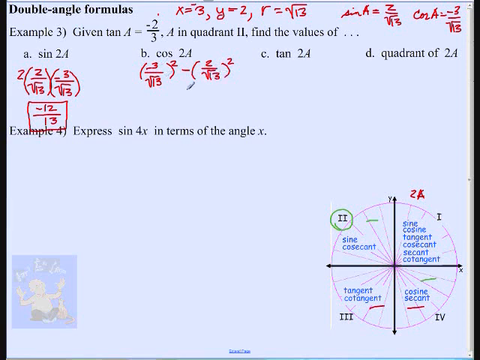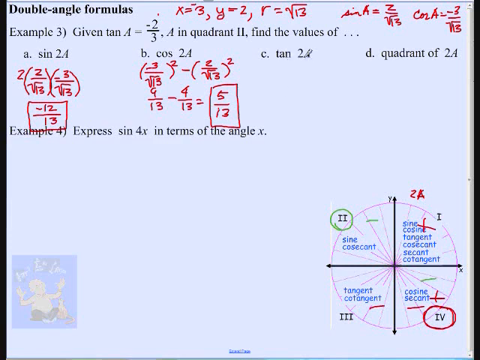I know when I square a negative, it's going to become positive. I'll have 9 over 13 minus 4 over 13. So it's going to be positive, and it's 5 over 13. So cosine is positive here and here. So that tells me I am in quadrant 4.